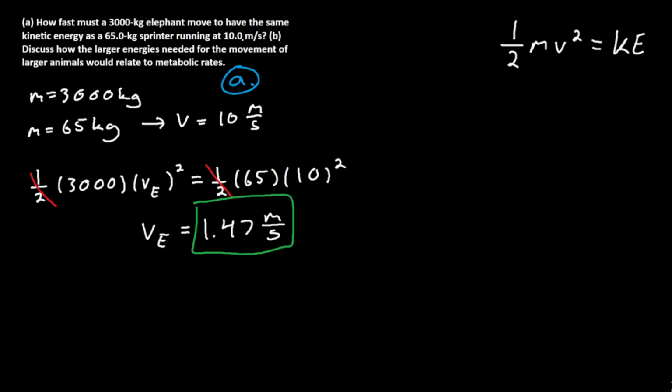If you could run a sub 10, I'm pretty sure you'd make it to the Olympics for track and field. But an elephant needs significantly more energy to move at a very, very much lower speed compared to a human sprinting. So I guess that would be an explanation of how part B works.